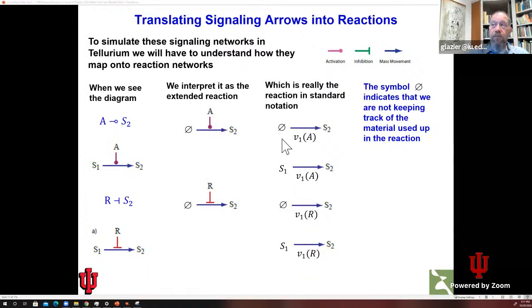And that would mean that, in fact, in standard notation, nothing goes to S2 with a rate, V1, that depends on A. That would be essentially equivalent to the second diagram that we wrote first. The same thing if I say R inhibits S2, I interpret that as nothing is going to S2, and the rate of production of S2 from nothing is inhibited by R. And so again, that would formally be nothing goes to S2 at a rate V1 of R.